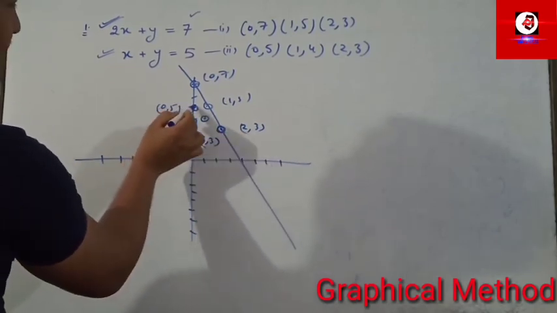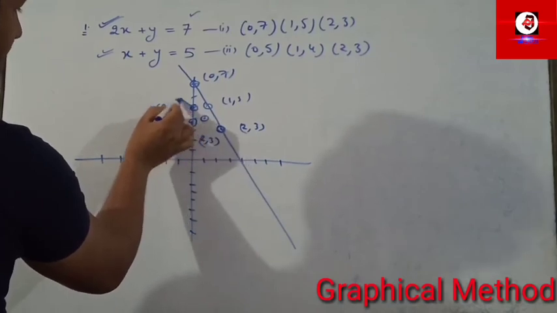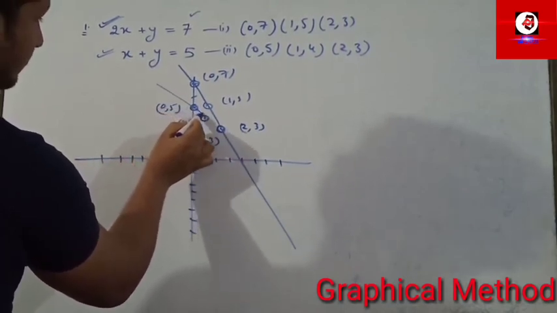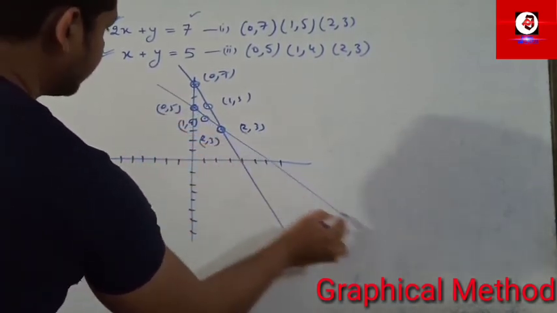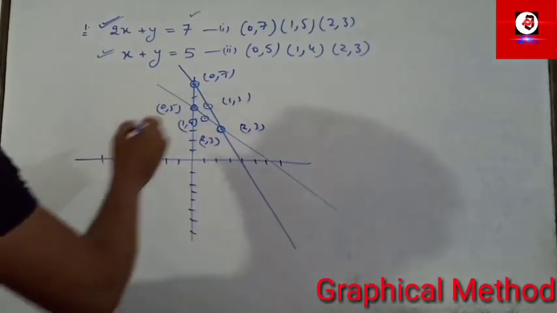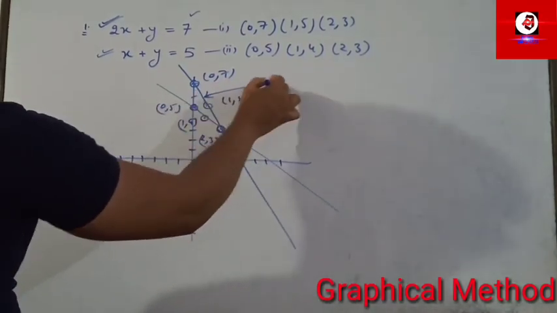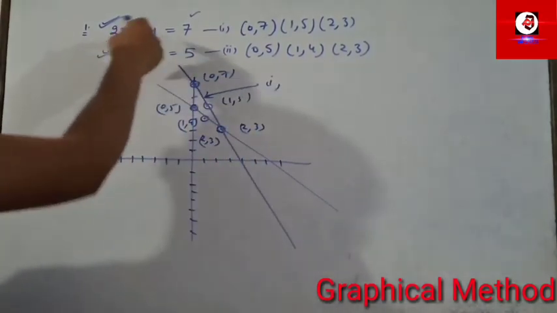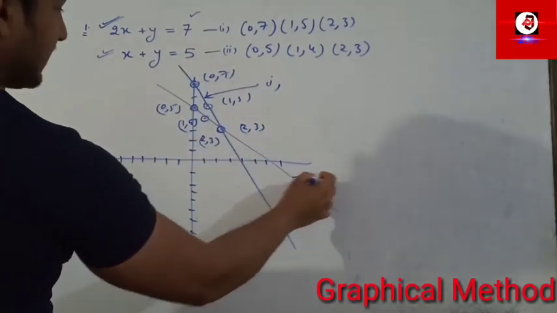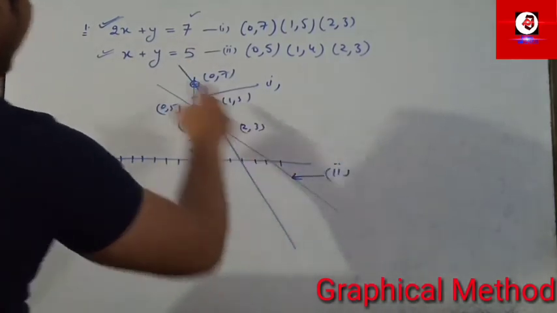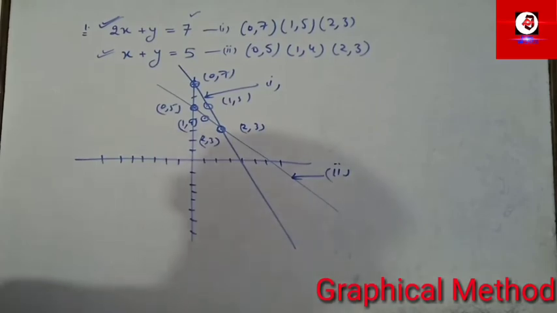Now we will join the first and last points with the help of a ruler. This line represents equation 1 and this line represents equation 2.